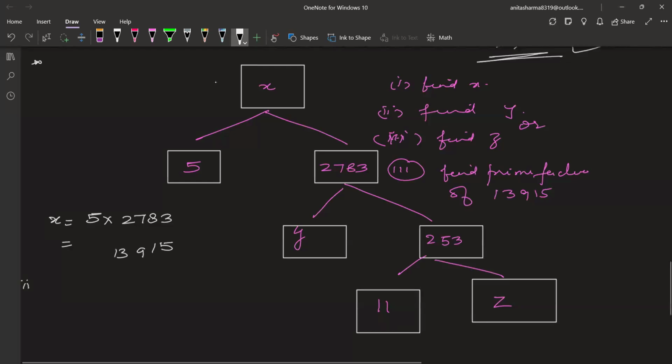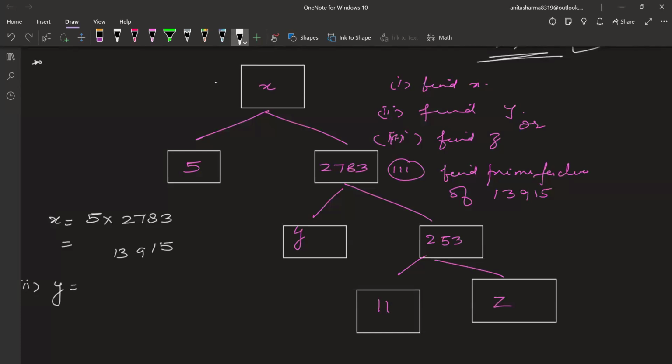Now, second is Abhinav. Tell me how we will find y. By dividing?